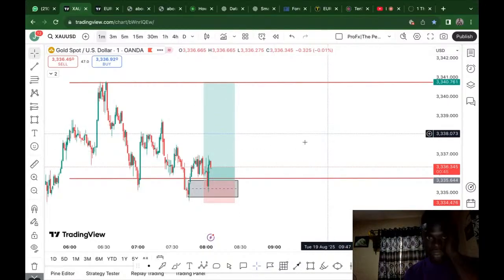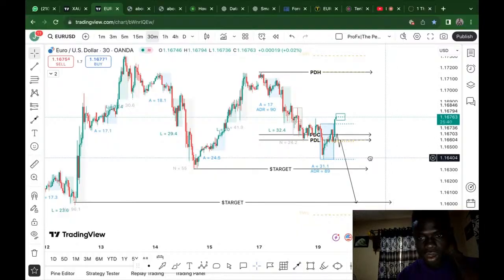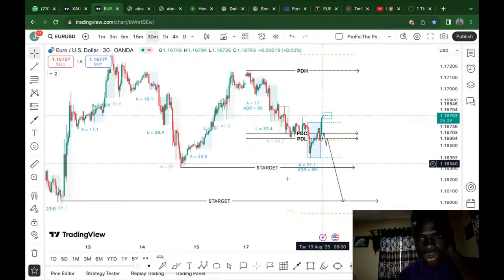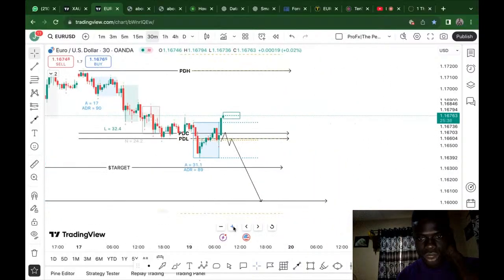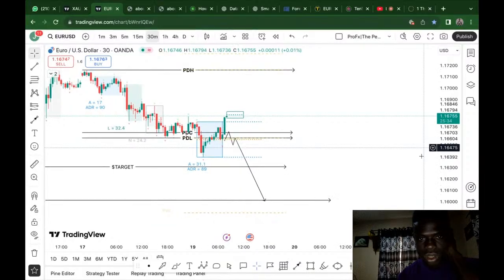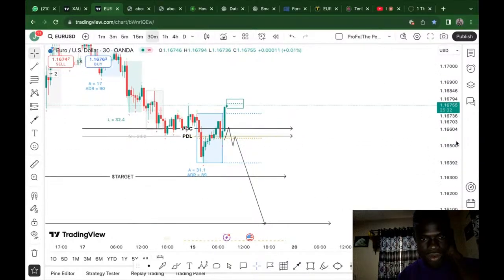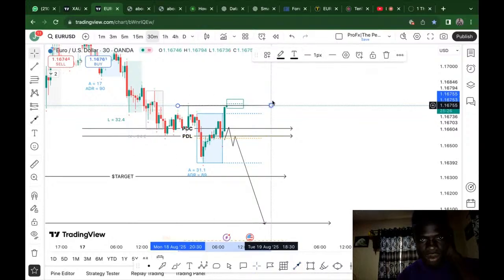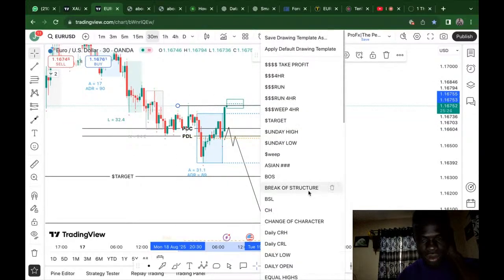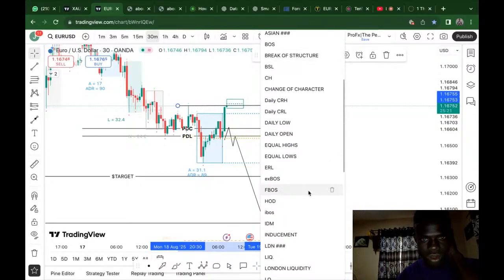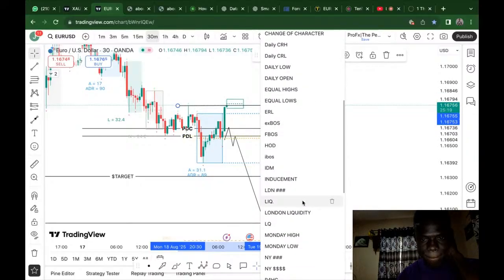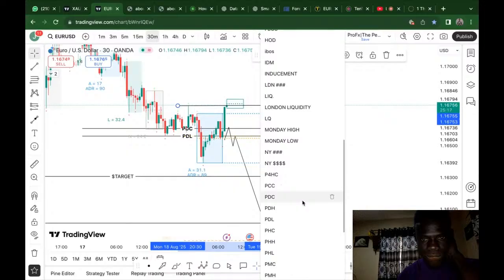So that's it. Let's see how our EURUSD is doing. Wow, EURUSD has gone above. EU has taken out this high.